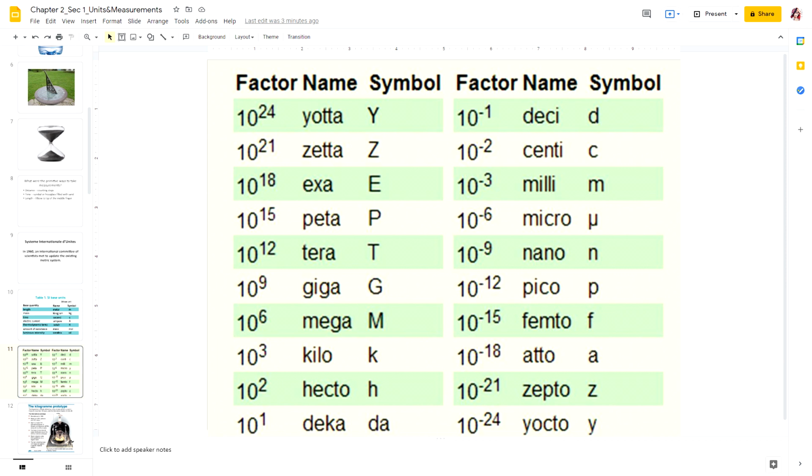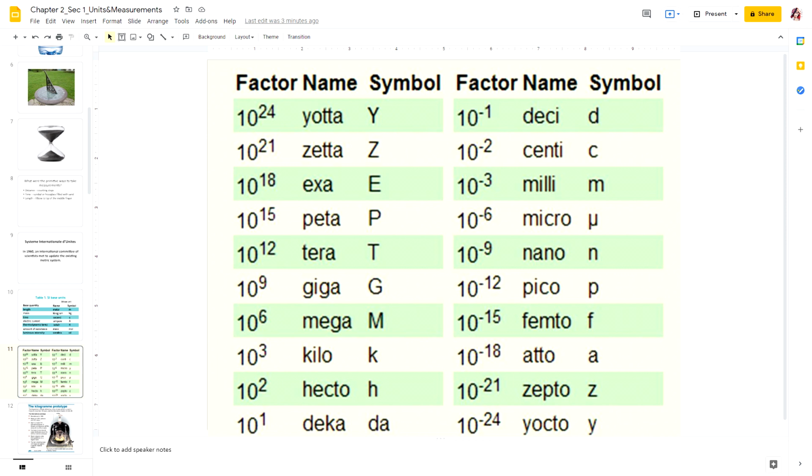Just to introduce some of the factors and names and their symbols, because here you will be dealing with either a small number or a big number. So you have this table. You can go back to this if you will need it later on.